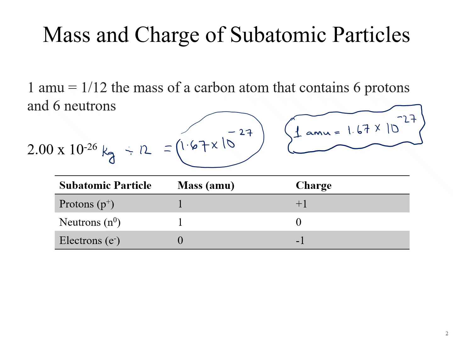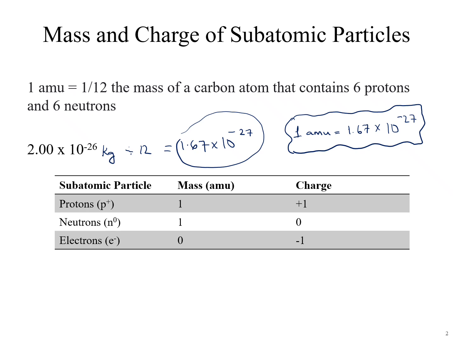We already saw that the mass of the electron is so small in comparison to the protons and the neutrons that it doesn't affect the mass for the atom. So using atomic mass units, we're going to define the mass for the electron as 0. Now, in the previous table, we also saw that the charge for the protons and the electrons has a very similar numerical value, but with opposite signs.